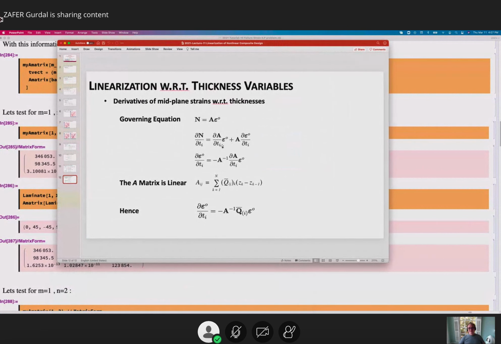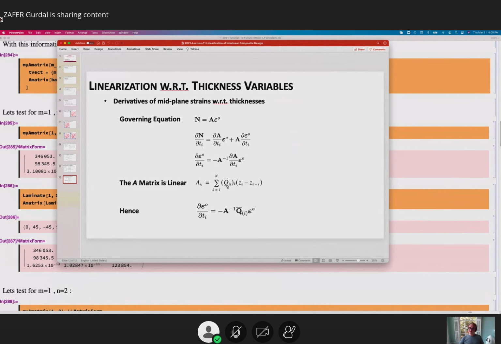To here, I may be able to evaluate these, but the A matrix now is a function not of thickness being linear, but this is going to be a nonlinear term because it will have cosine 2 thetas and cosine 4 thetas.